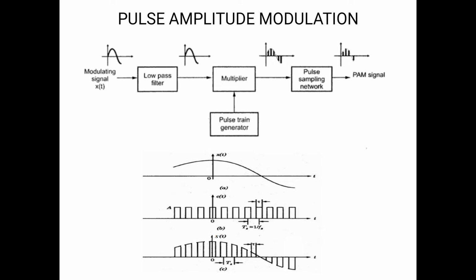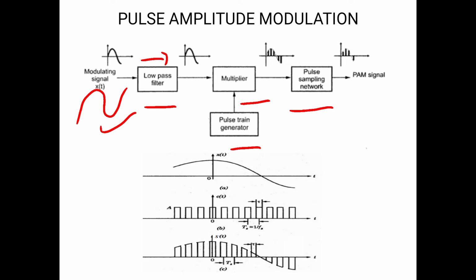Now let's see the block diagram of pulse amplitude modulation. The first block is the low pass filter, the second block is the multiplier, the third block is the pulse train generator, and the fourth is the pulse sampling network. Our modulating signal, a sinusoidal message signal, is applied to the low pass filter.